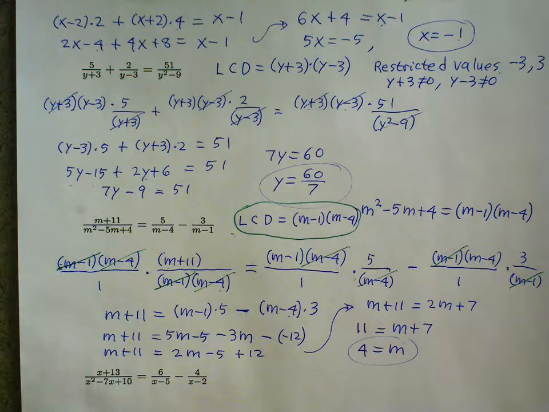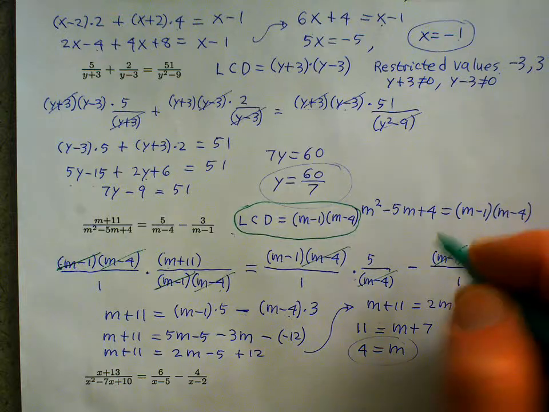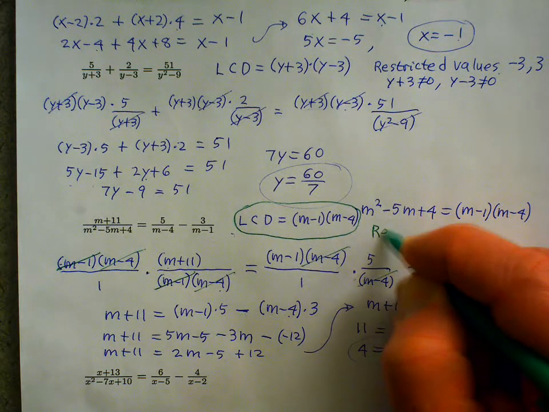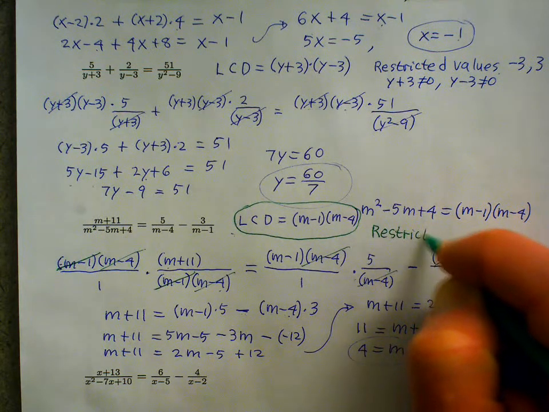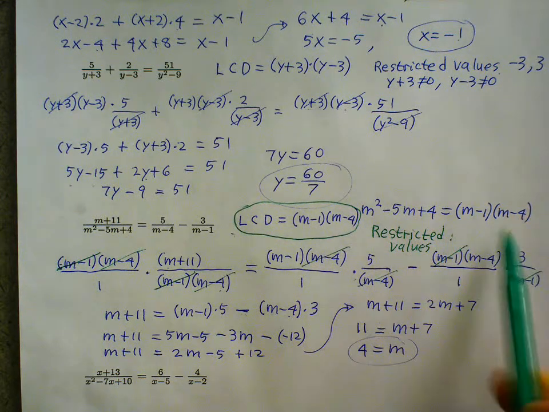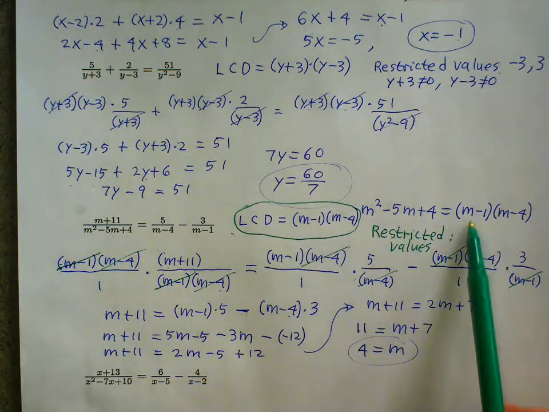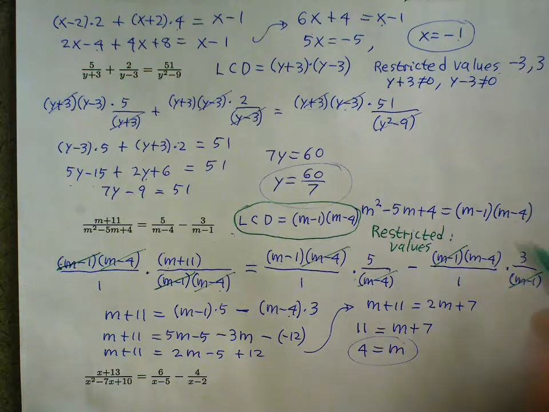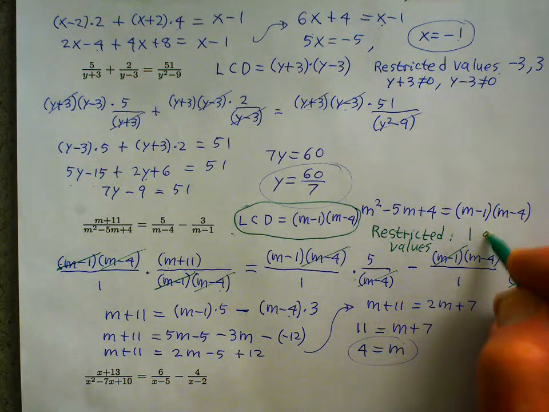But 4 is a restricted value. Since the least common denominator is M minus 1 times M minus 4, the restricted values are 1 and 4.